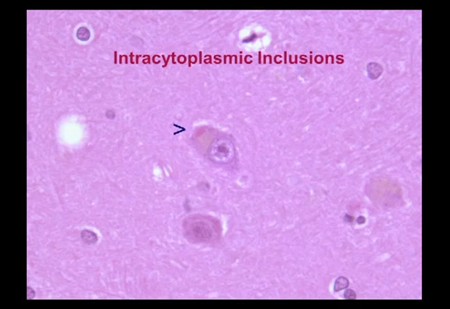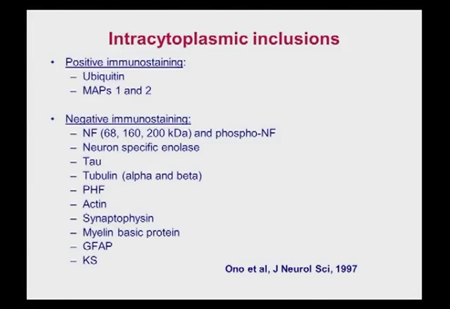Probably not to the same extent, but I rather doubt that they have any major significance. There was a paper that came out a number of years ago by the group that originally described these, showing that they tended to stain with ubiquitin and with antibodies against microtubule-associated proteins 1 and 2, but were negative for lots of other proteins, including the kitchen sink.